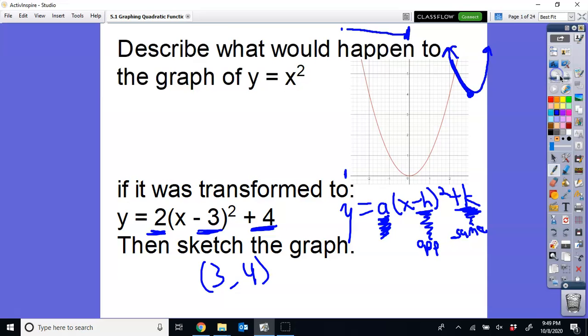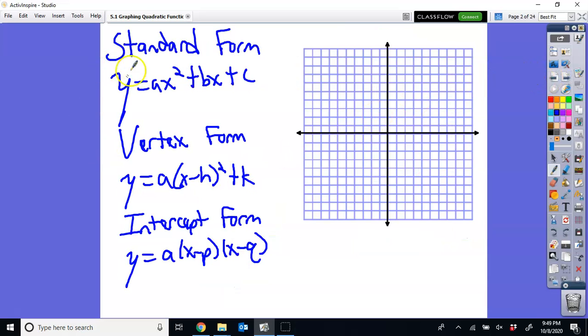So in standard form, vertex form, and intercept form, if this leading number is positive, it's going to open up. If it's negative, it's going to open down. And we also just learned in vertex form, it's going to stretch it. It would do the same thing in intercept form and the same thing in standard form.